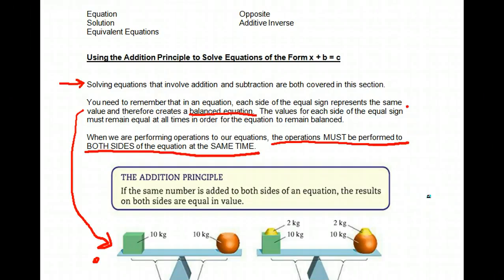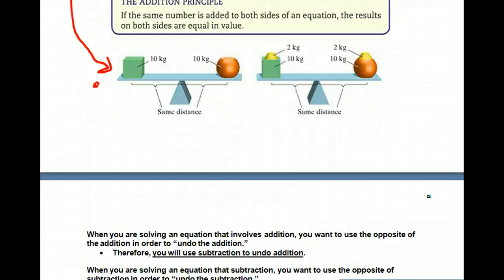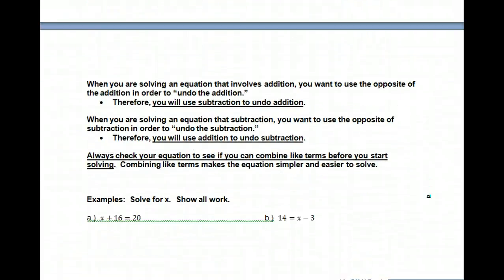We derive the subtraction principle from the addition principle using the principle of, that's a lot of principles, using the principle of adding a negative, which is exactly the same thing as subtraction, which is why we're covering addition and subtraction equations in the same lesson.